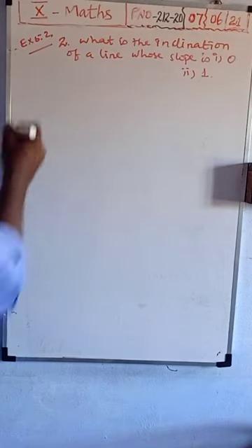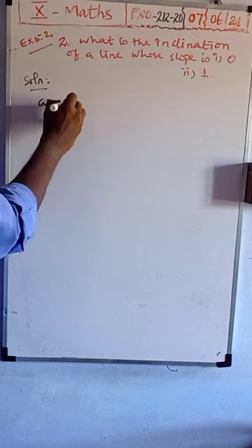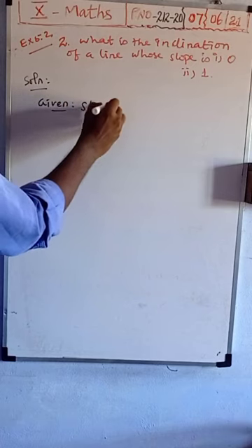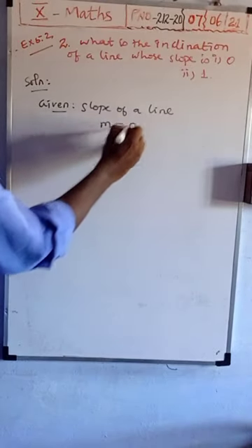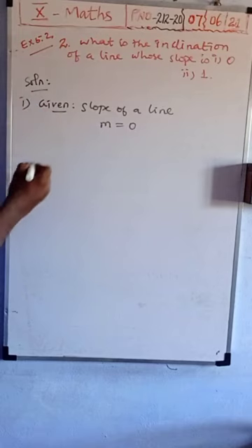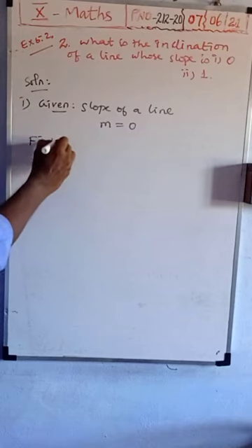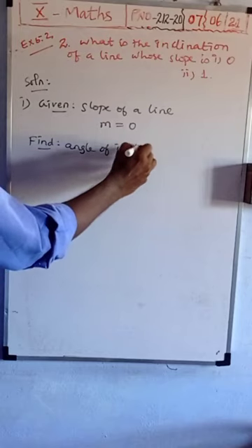See the solution. First, given the slope of a line, slope is denoted as m, so m is equal to 0. First point, m is equal to 0. So find the angle of inclination.